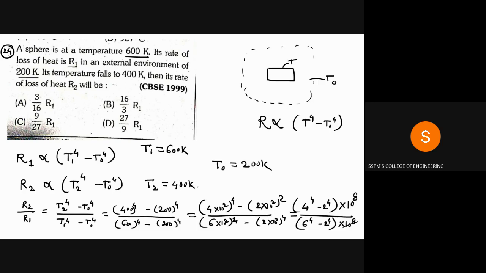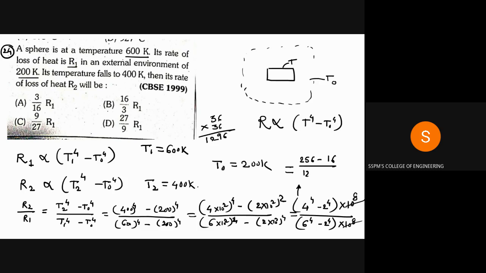Okay, so we can cancel out this value, and then we can write 4 raised to fourth, it is 256, minus 16, which is 2 raised to fourth. 6 raised to fourth, it is 36 into 36. So if you multiply this, you will get the answer 1296.